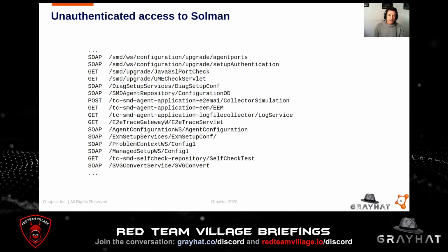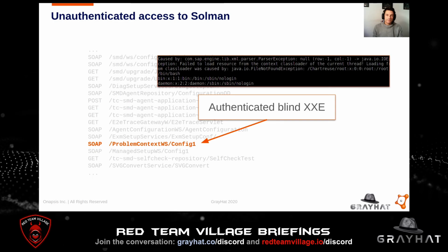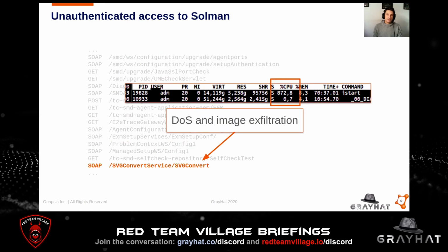This is a sample of what we found. This is a web service exposed by the SAP SolMan manager, and we started looking at all of them. Very quickly, we found several little vulnerabilities like this one. This is a blind external entity on these services.